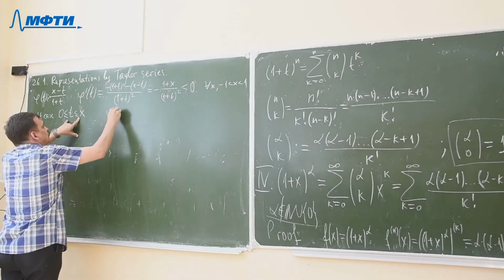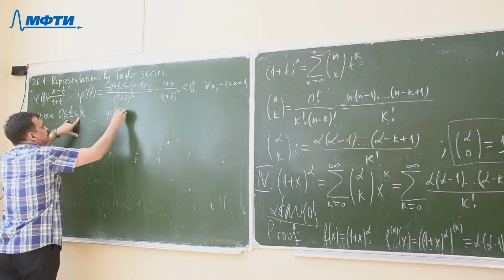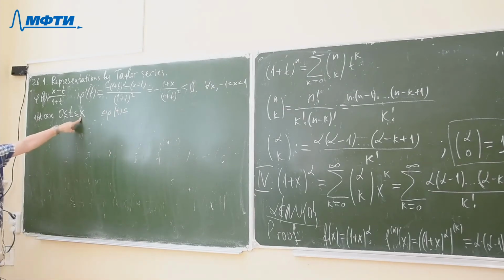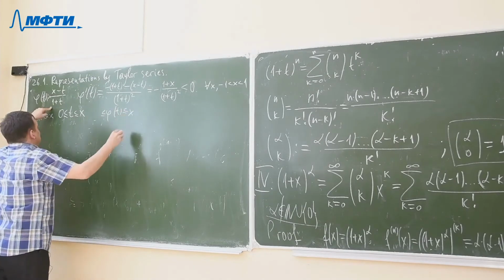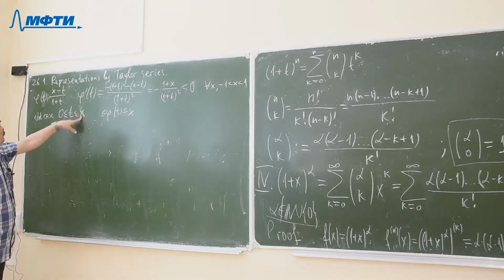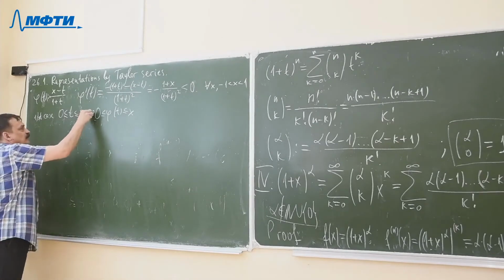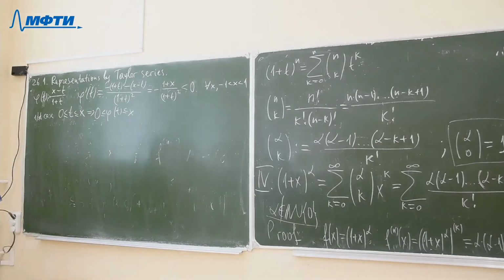So what can we say about phi of t? The largest value of phi will be at 0 and it is equal to x, and the minimal value at x and it is equal to 0, right? Because of monotonicity of phi.